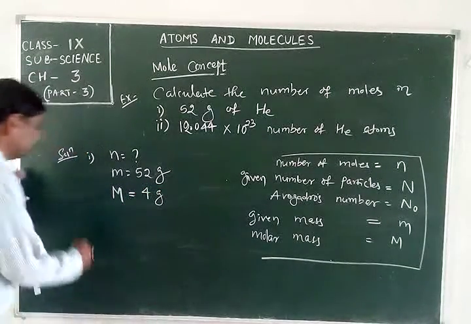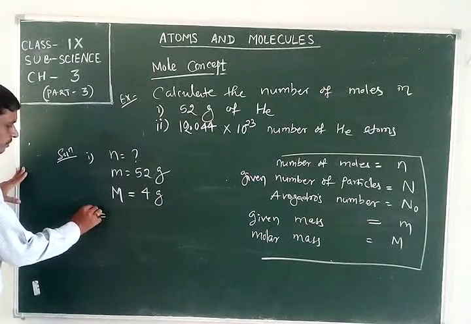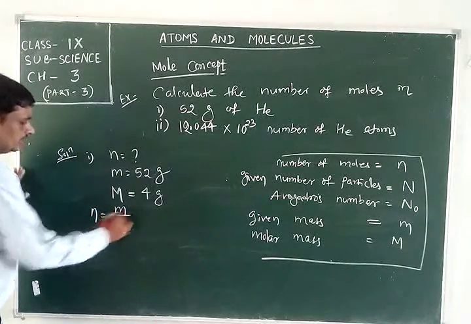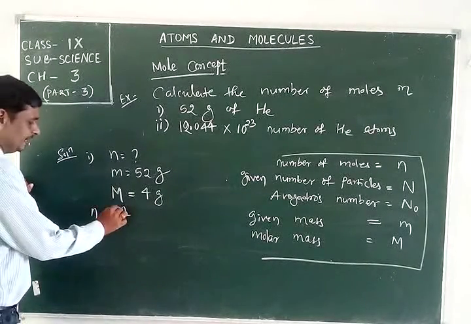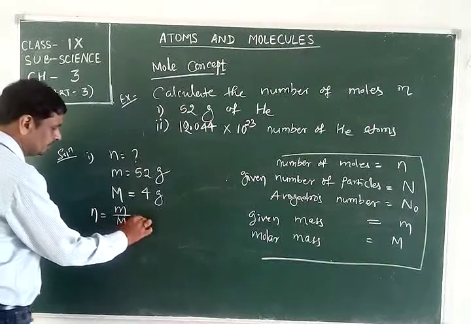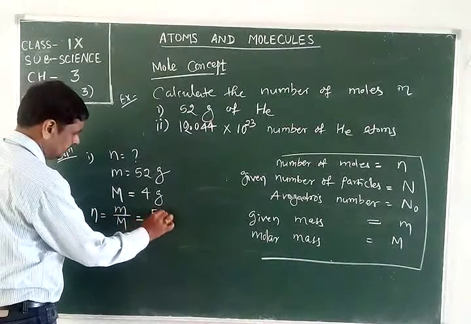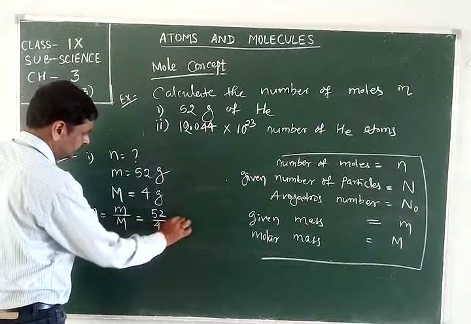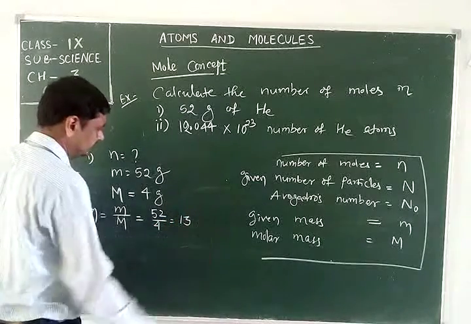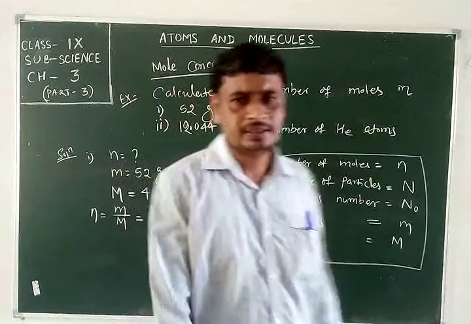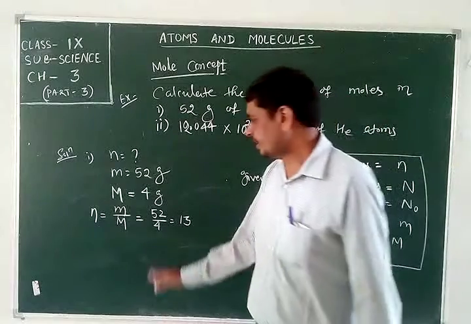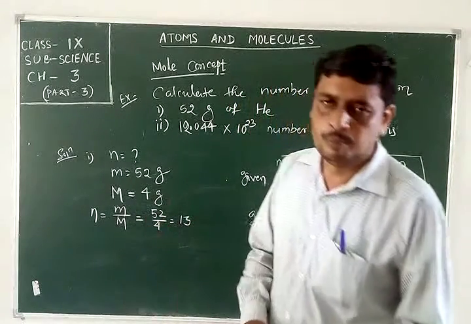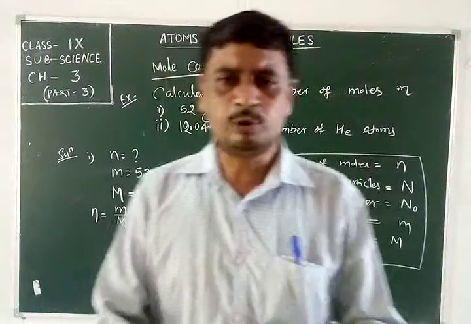Now we can find the number of moles n, which is equal to given mass by molar mass, that is 52 by 4, which is 13. Here this is the number of moles.